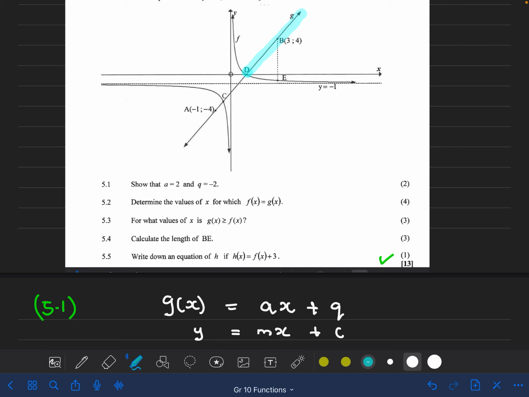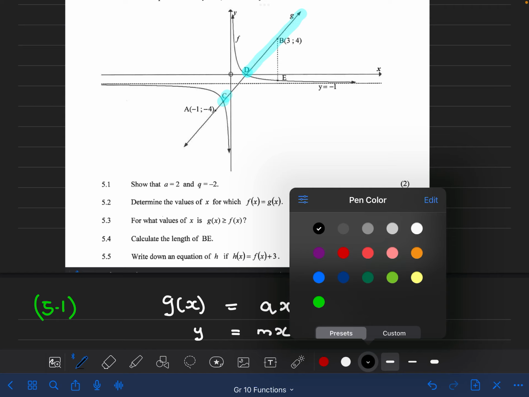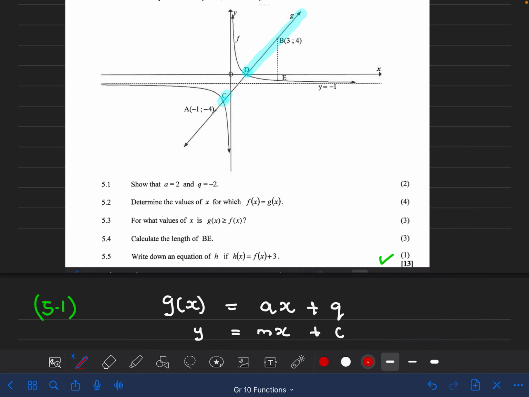And also from here, at this point, and go up, we can see that g of x is greater than f of x. Just take note though, let me actually put this in red, that this y-axis is the asymptote. So the f of x graph cannot touch that.